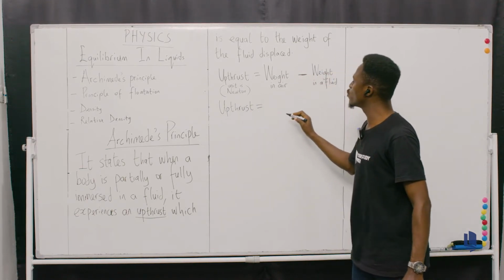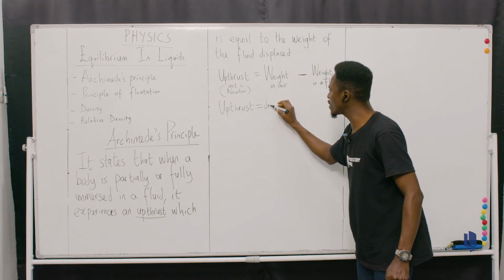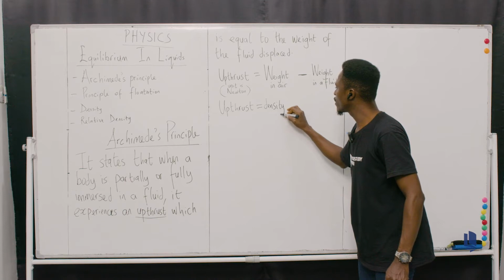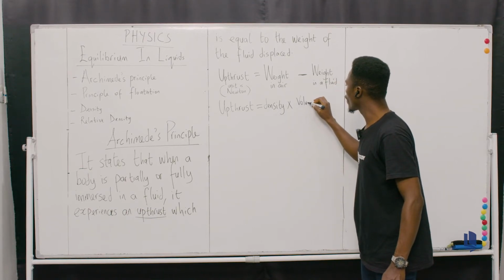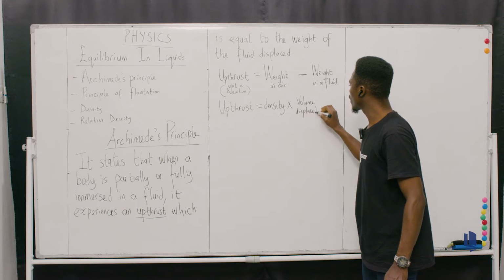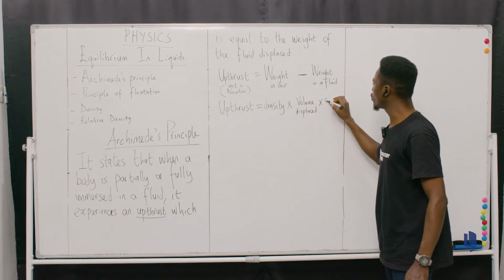Aside this, we can also calculate upthrust using the formula that says that upthrust is equal to rho Vg, that is density multiplied by volume displaced multiplied by acceleration due to gravity.